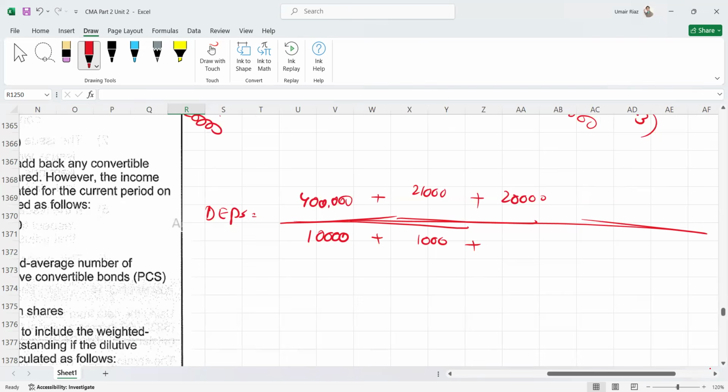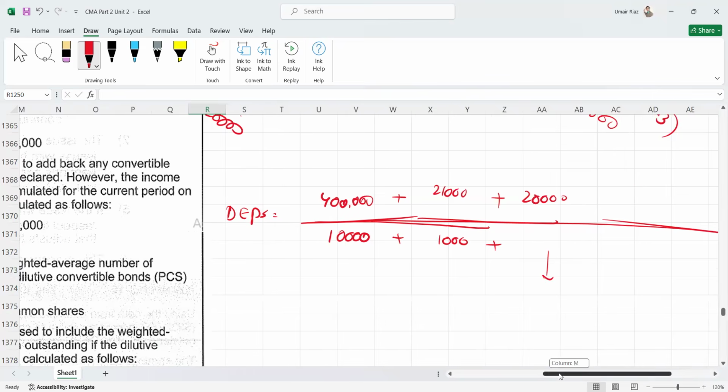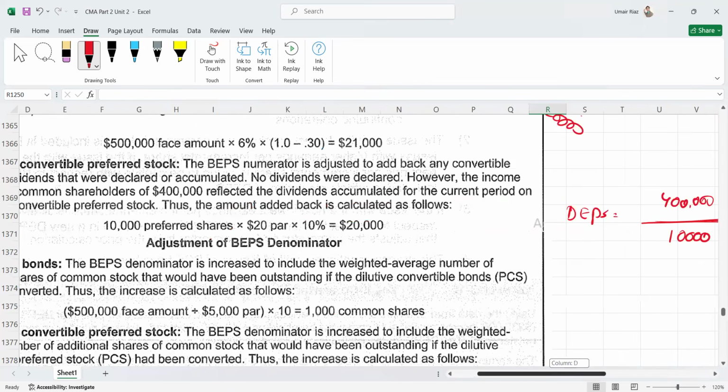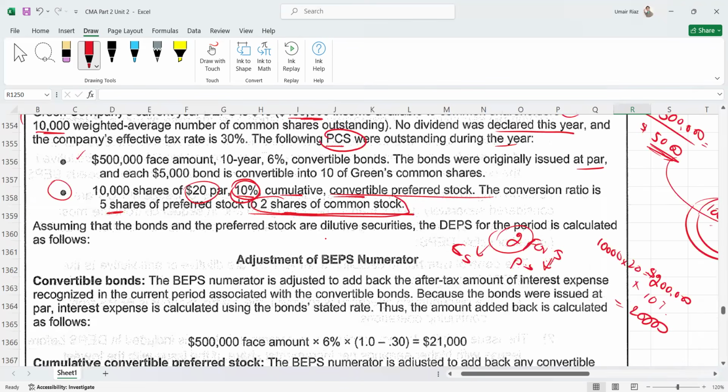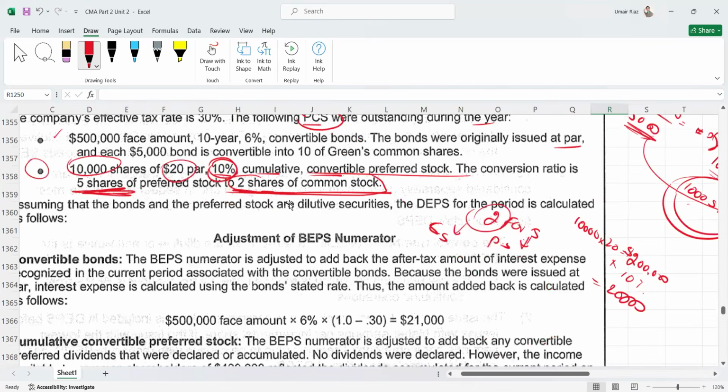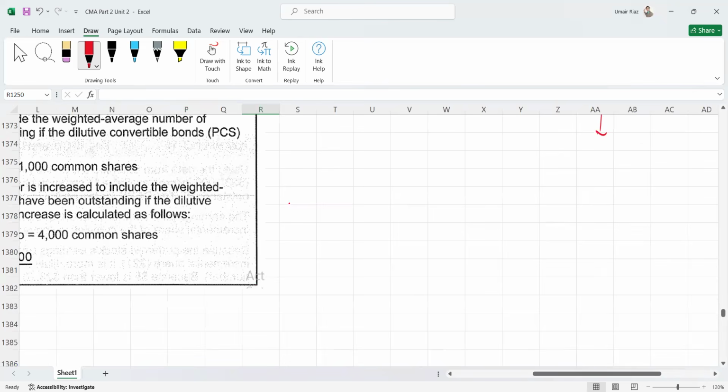And now we have to calculate the number of shares. How it is calculated, he told you. Total preferred shares are how much? Preferred shares are 10,000. And he told you for every 5 preferred shares, you will get 2 common shares.